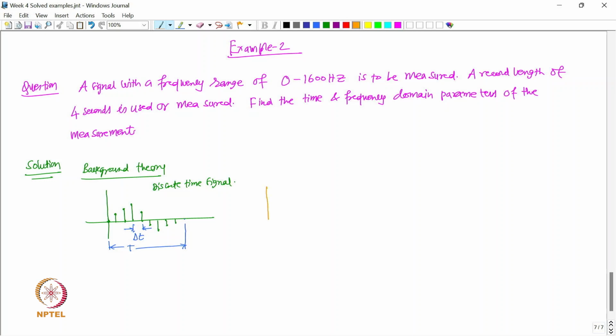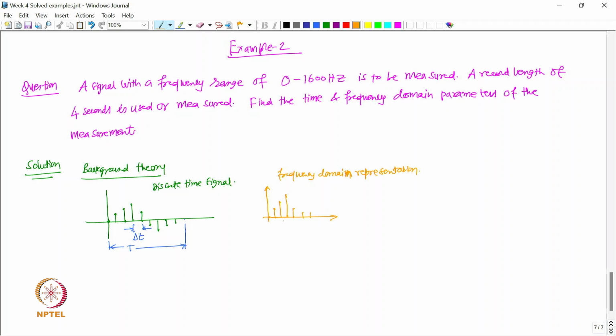And then we have in the frequency domain the spectrum like this, correct. So, this is the frequency domain representation, right.